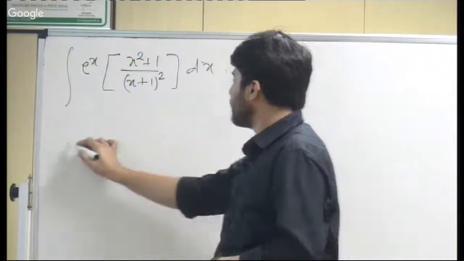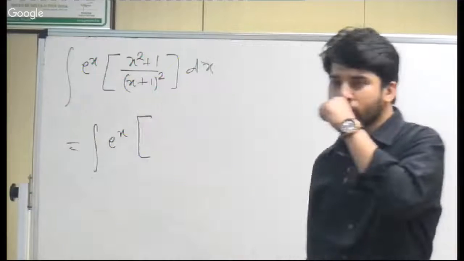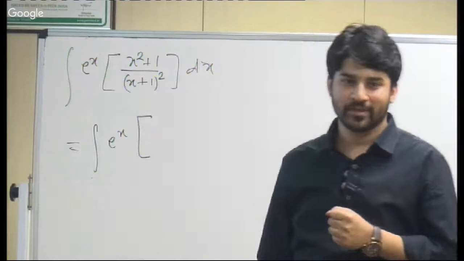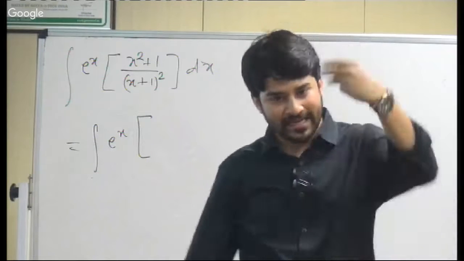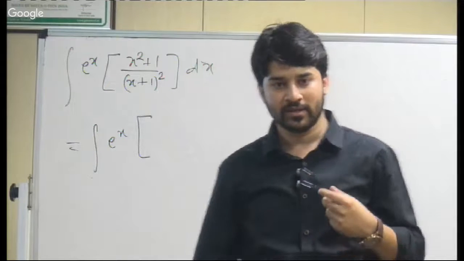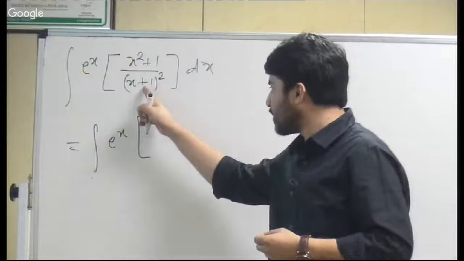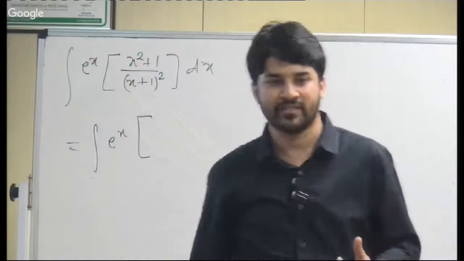So I'm going to see this way as e to the power x into, no, I'm not going to do that. I want x plus 1 in the down and a linear term on the up. See, I'm going to play with a linear upon linear thing. So I see x plus 1 whole square and I know x square minus 1 has x plus 1 as a factor.